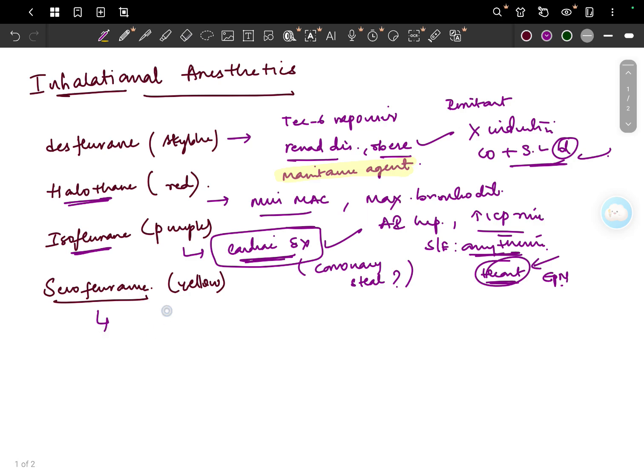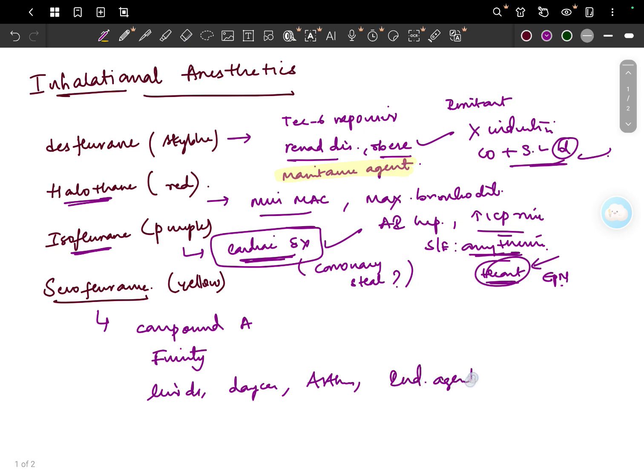Now coming to sevoflurane. So this is compound A. It has a fruity odor. It is used in liver diseases, daycare, and asthma as an induction agent, and it is used in children.